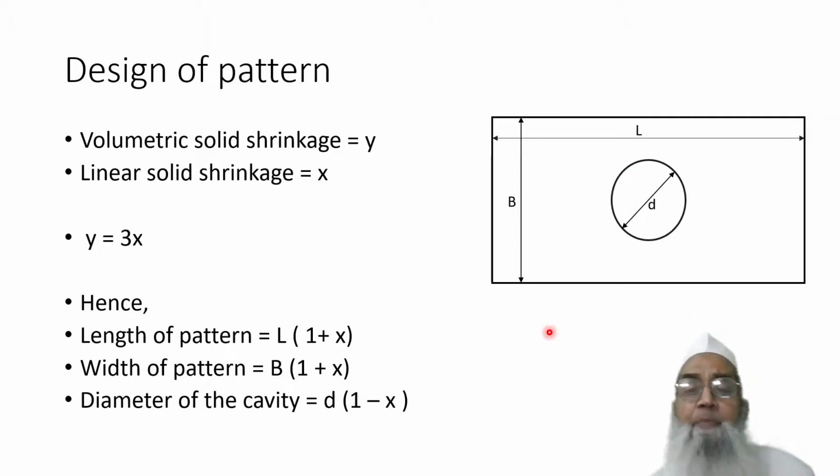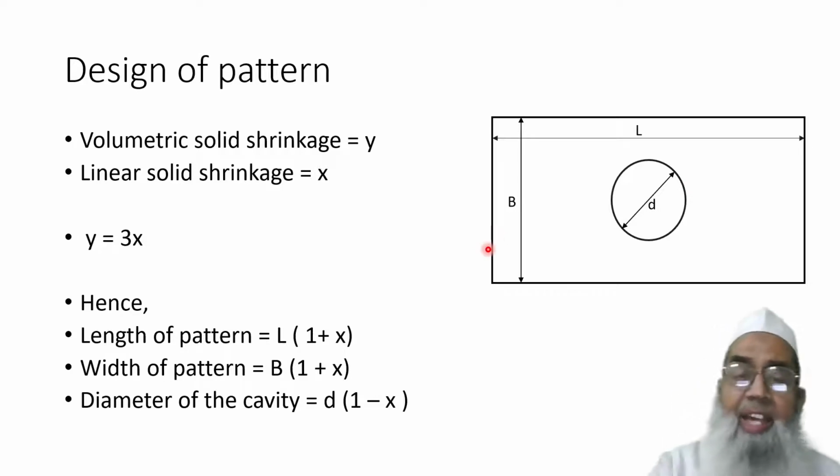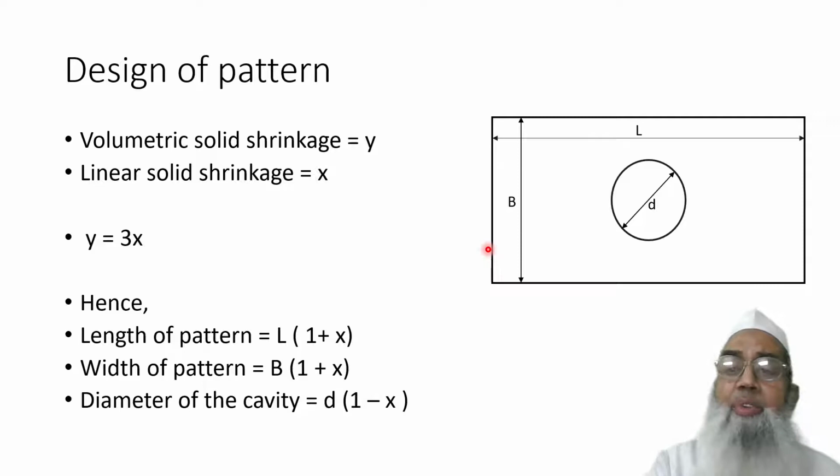Therefore we have to reduce the hole of the pattern, and then after shrinkage the hole will gain the size as we desire. This amount is to be reduced from the diameter.